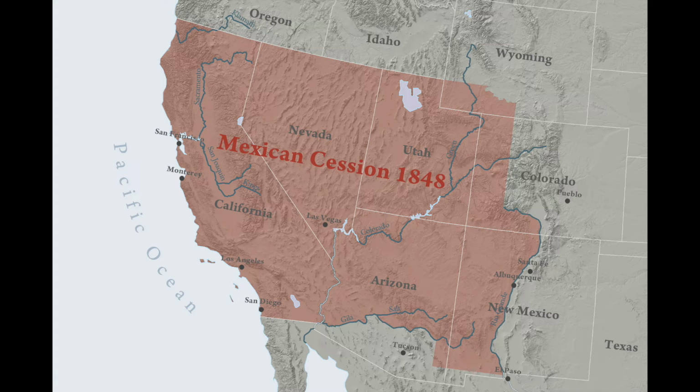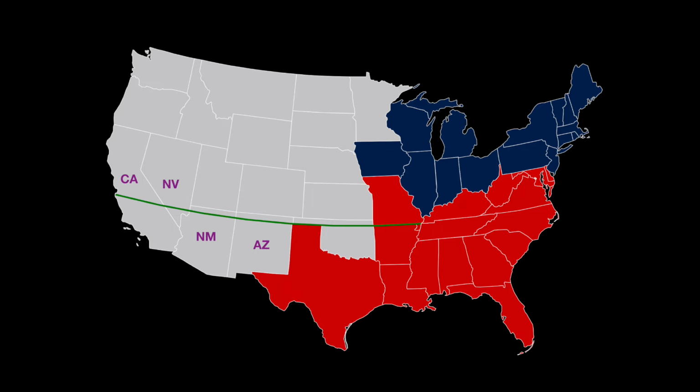So the new territory that the United States now had presented an issue for Congress, as the majority of the Mexican Cession lay south of the Missouri Compromise line. If the Missouri Compromise was applied to the Mexican Cession, then power would swing in favor of the southern states. But before the war even ended, Northern congressmen saw the potential for the addition of slave territory to the nation and acted.